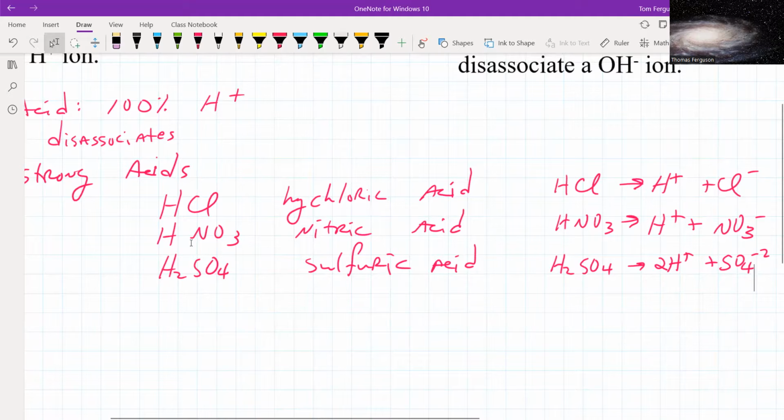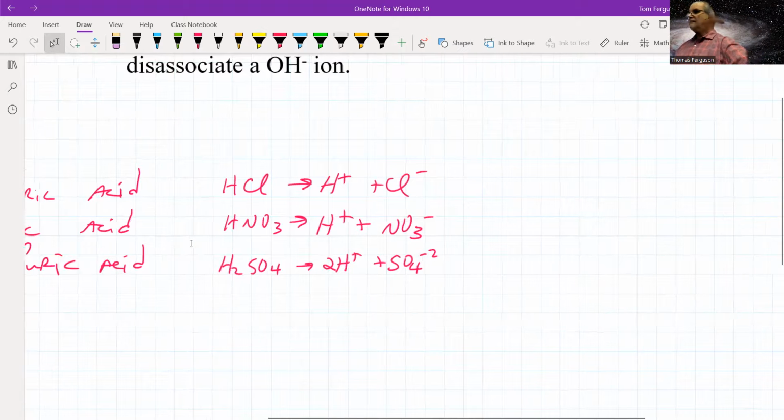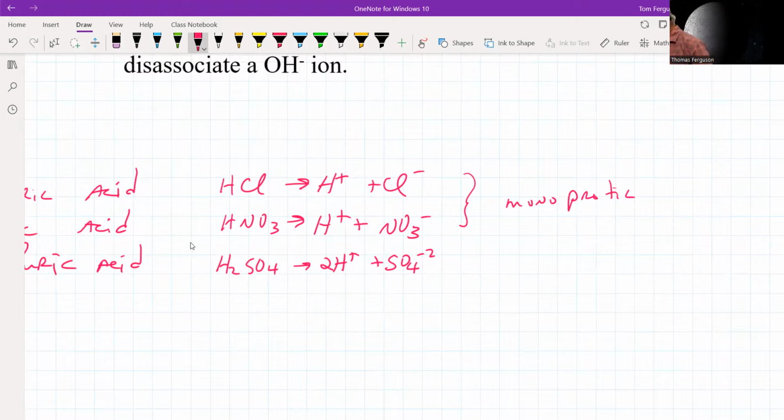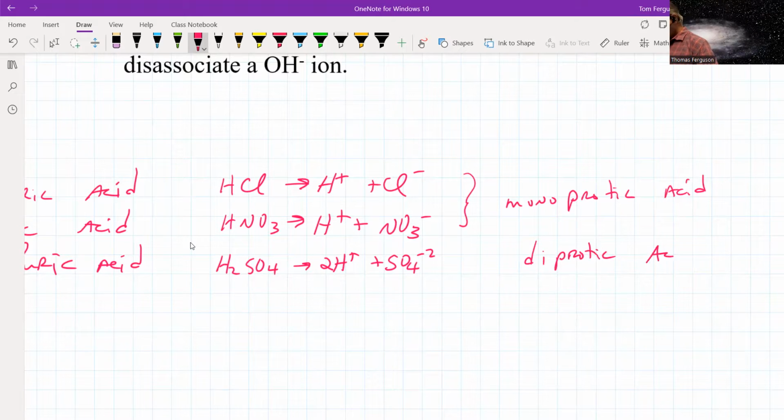One comes off significantly easier than the other one. If one proton comes off, it's called a monoprotic acid.